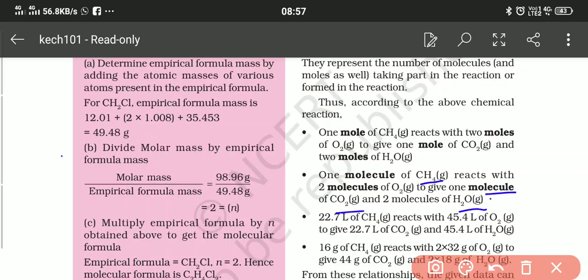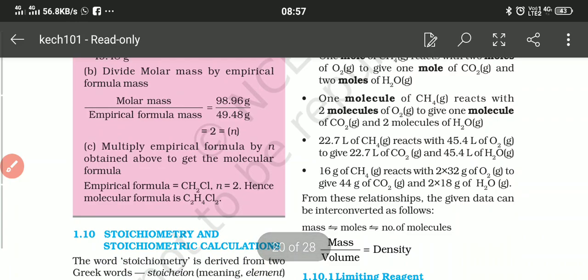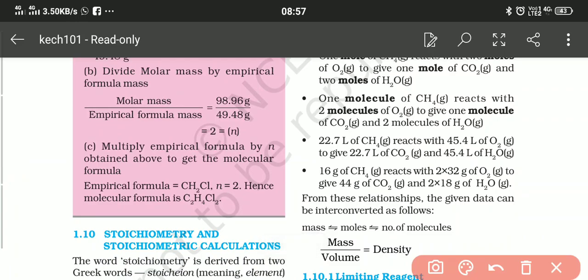In another way, we can also say that 22.7 liters of CH4, which is the standard volume, reacts with double the amount, 2O2 being in the reaction, that's why double of 22.7, that is 45.4 liters of O2 gas, and gives a single amount, 22.7 liters of CO2, and double, 45.4 liters of H2O.